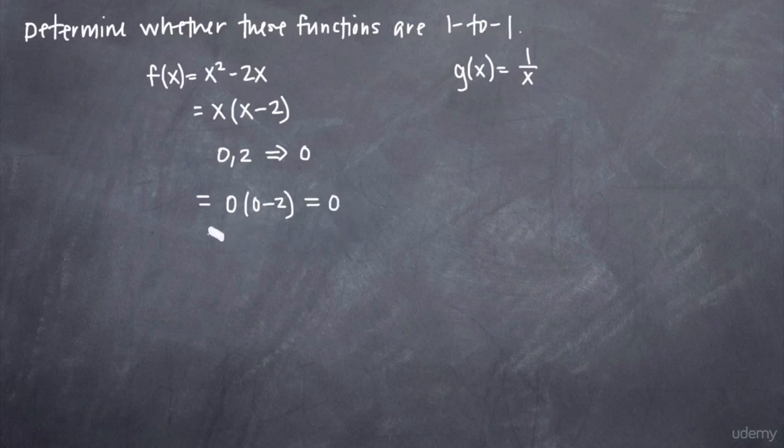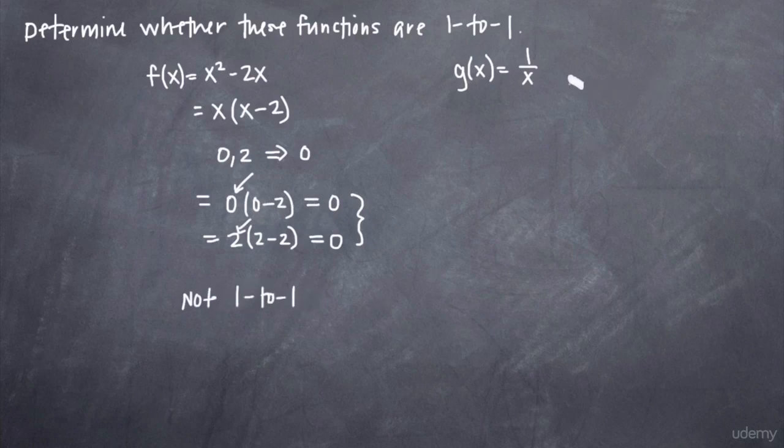If we plug in 2 for x, we'll get 2 times 2 minus 2, which will also give us 0. So we can plug in either 0 or 2 for x, and both of those values give us 0 for an answer. So because we've plugged in two different x values and gotten back the same y value, we know that this function is not one-to-one.